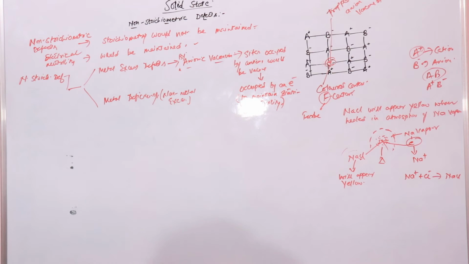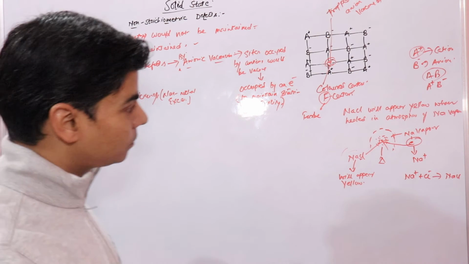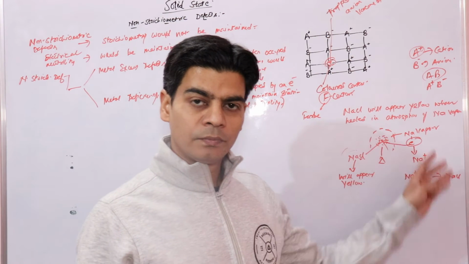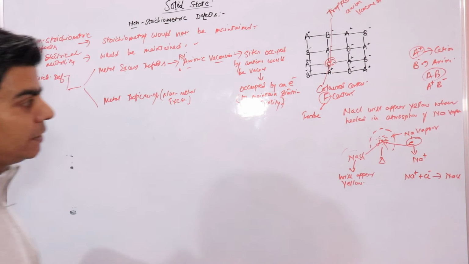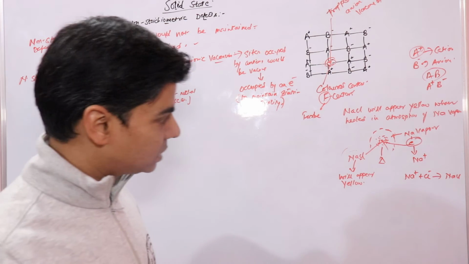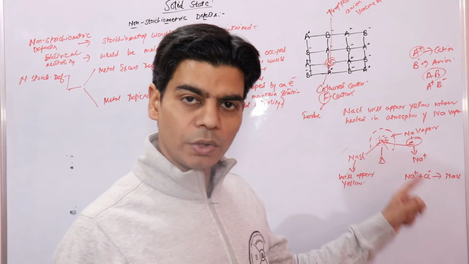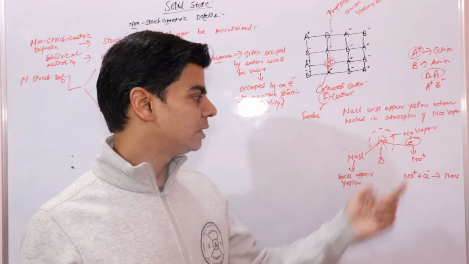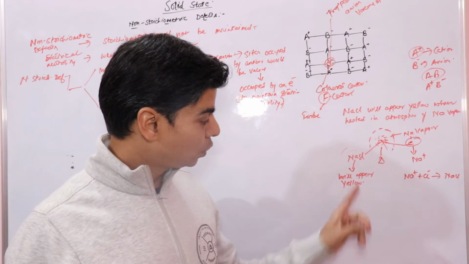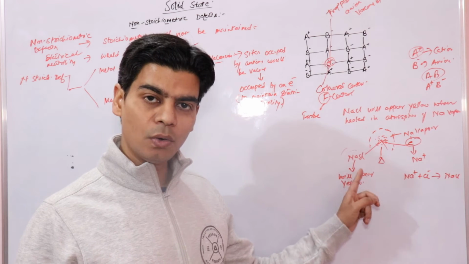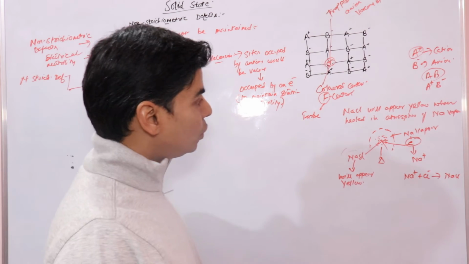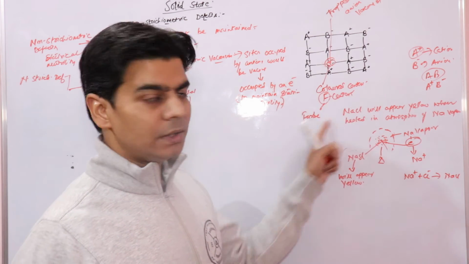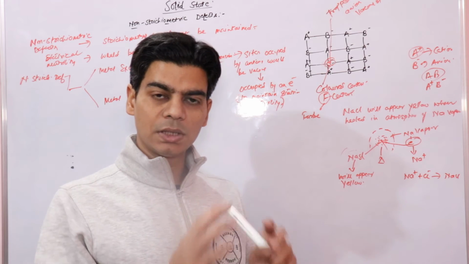So this is how this kind of defect is generated when sodium chloride is heated in the vapor of sodium. I'll repeat quickly. When sodium chloride is heated in the vapors of sodium, it will appear yellow due to F centers developed in its crystal lattice.